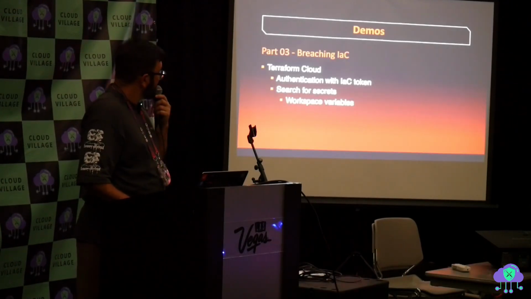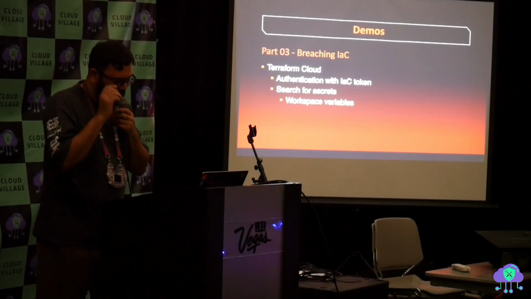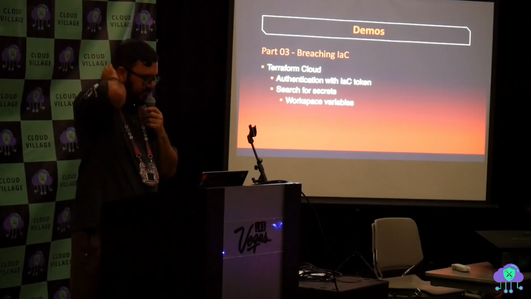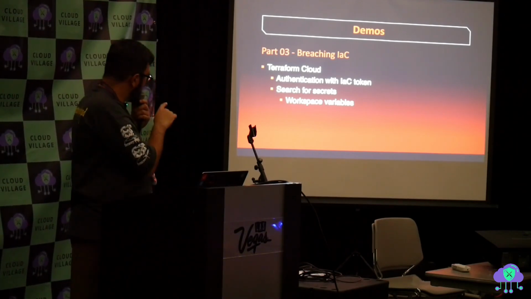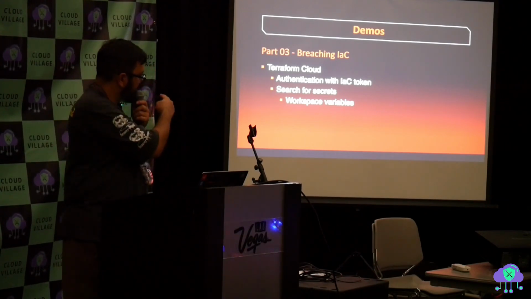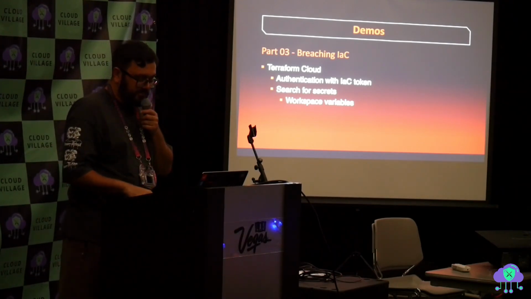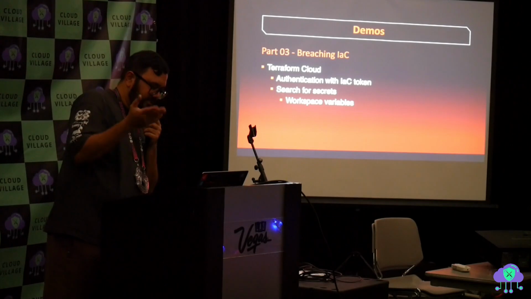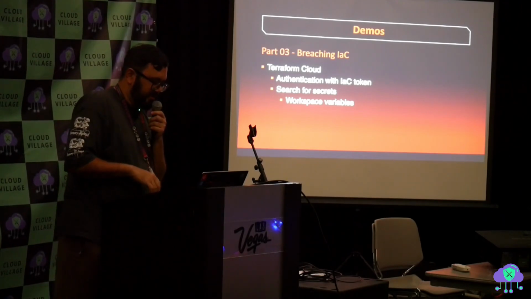Okay. So now for the third part, we're going to breach Terraform Cloud. We're going to begin by validating the token that we found at the end of the second video. And we're going to search for more secrets in Terraform workspace variables.